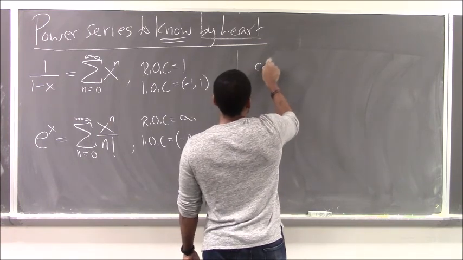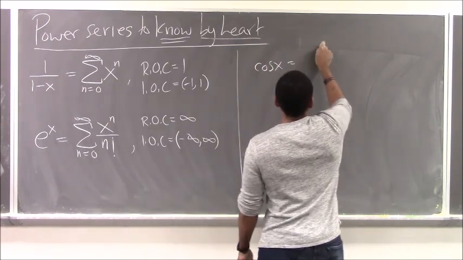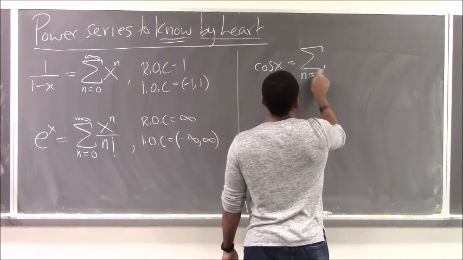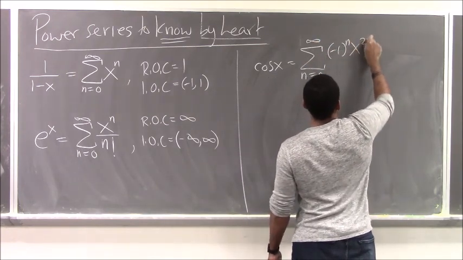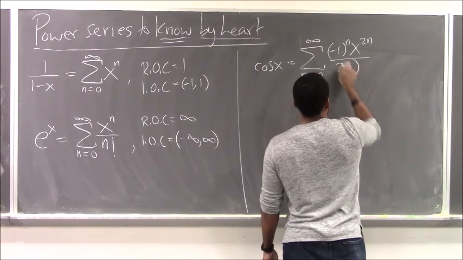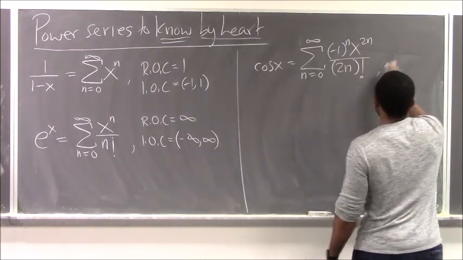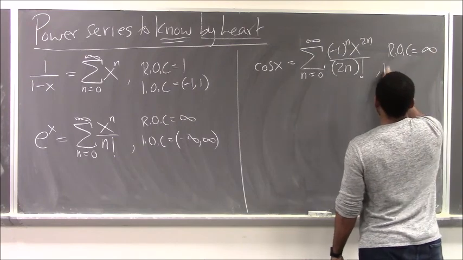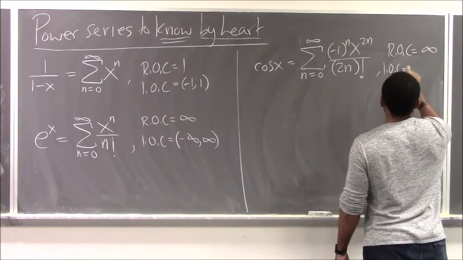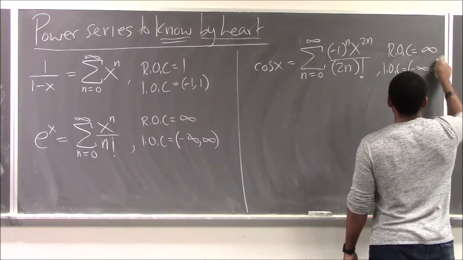For cosine of x, its Maclaurin series is the sum from n equals 0 to infinity of minus 1 to the n, x to the 2n over 2n factorial. This guy has a radius of convergence of infinity, and the interval of convergence is minus infinity to infinity.